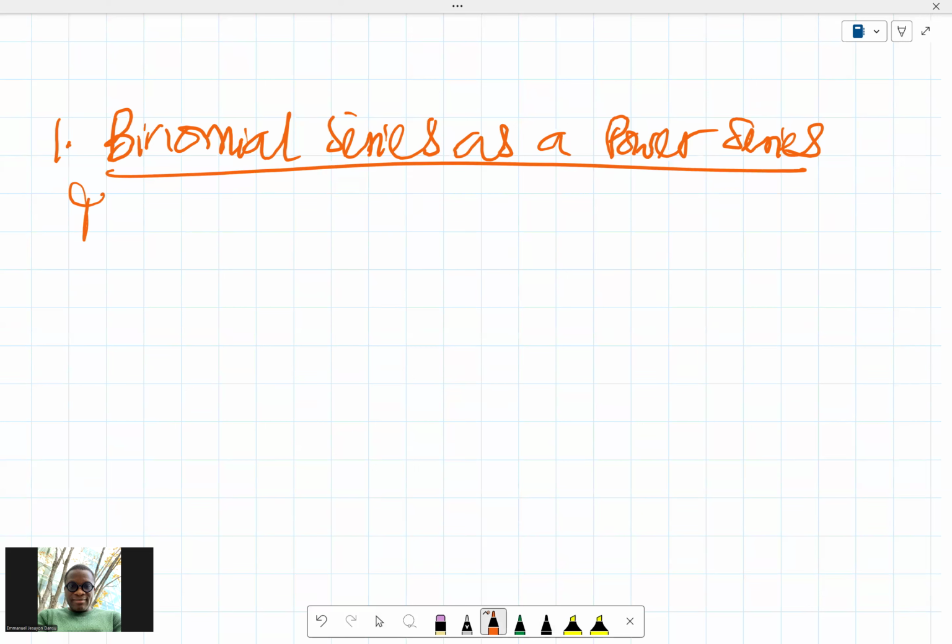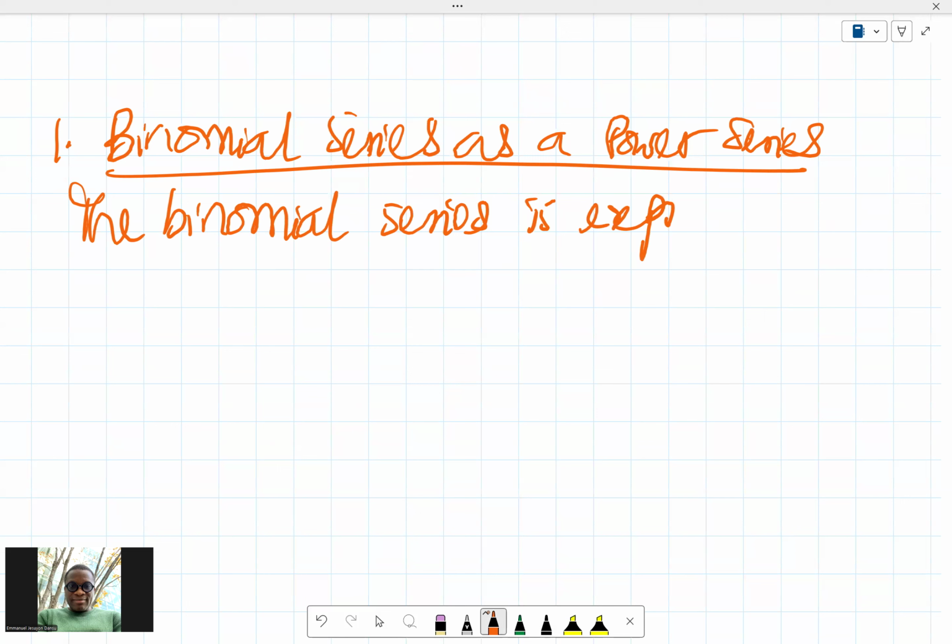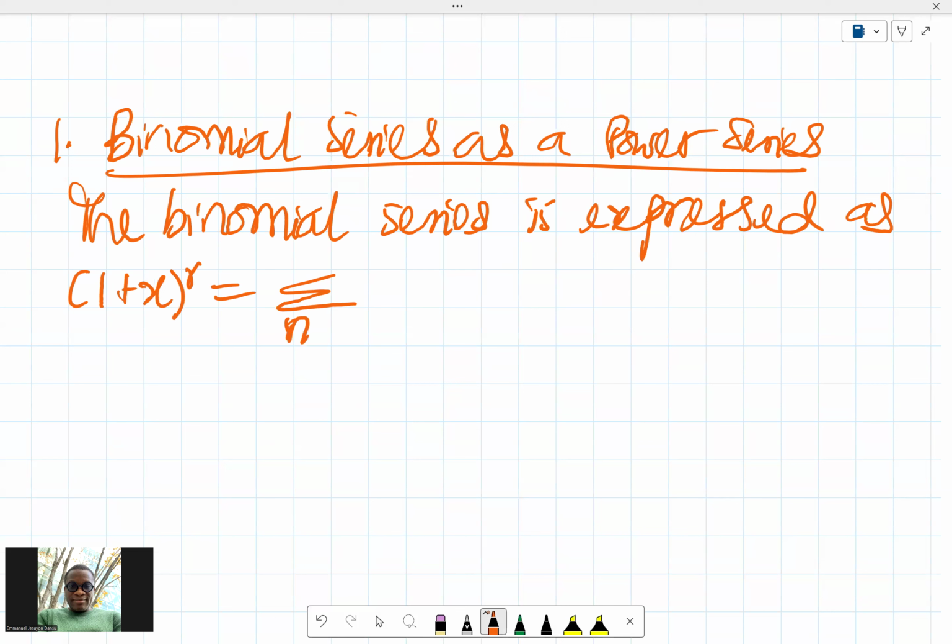Okay, so the binomial series is expressed as 1 plus x raised to power r, which is equal to summation from n equals 0 to infinity of r combination n x raised to power n.